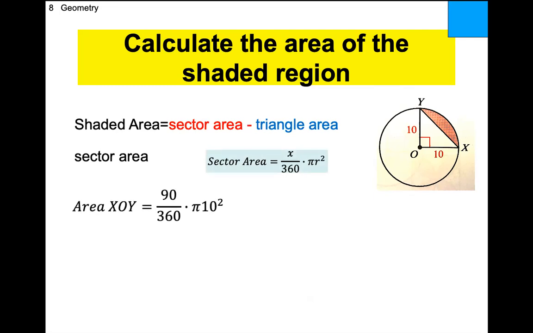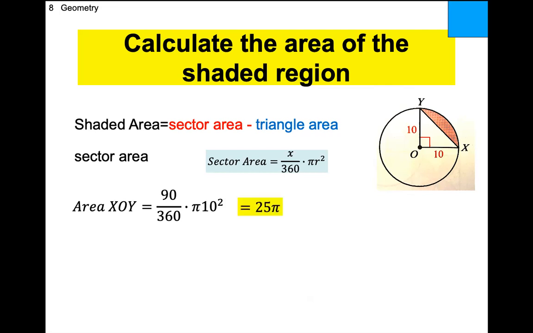Let's do a quick reduction. 90 over 360 reduces to 1 over 4, because 9 goes into 36 4 times. So 1 over 4 times 100 pi, which is 100 divided by 4, is 25 pi.